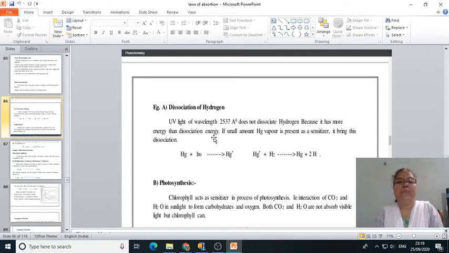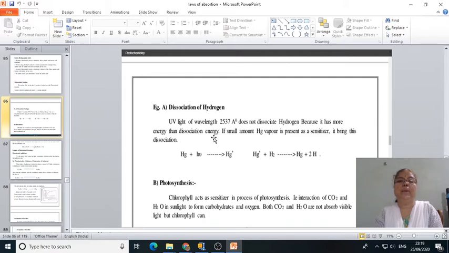But if we add a small amount of mercury vapor, then that mercury vapor absorbs the light radiation and becomes an excited one. This is the primary process.